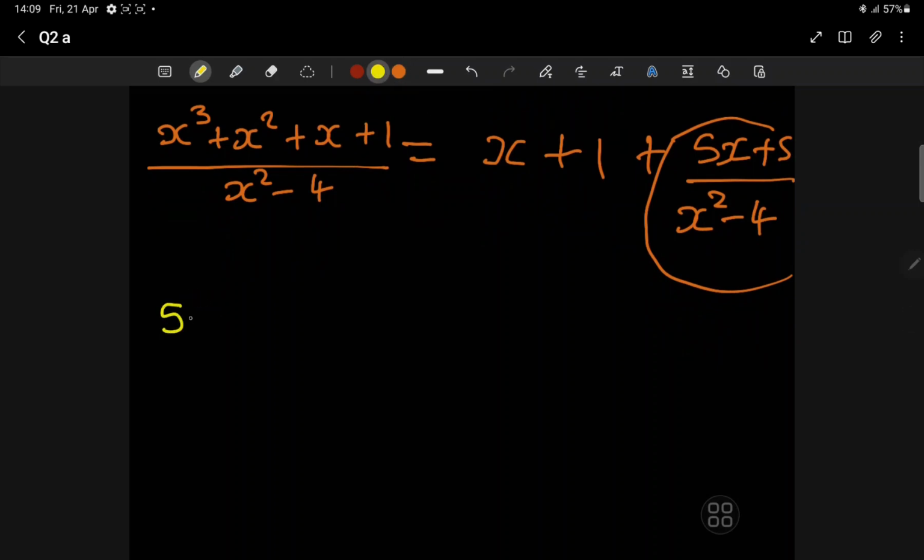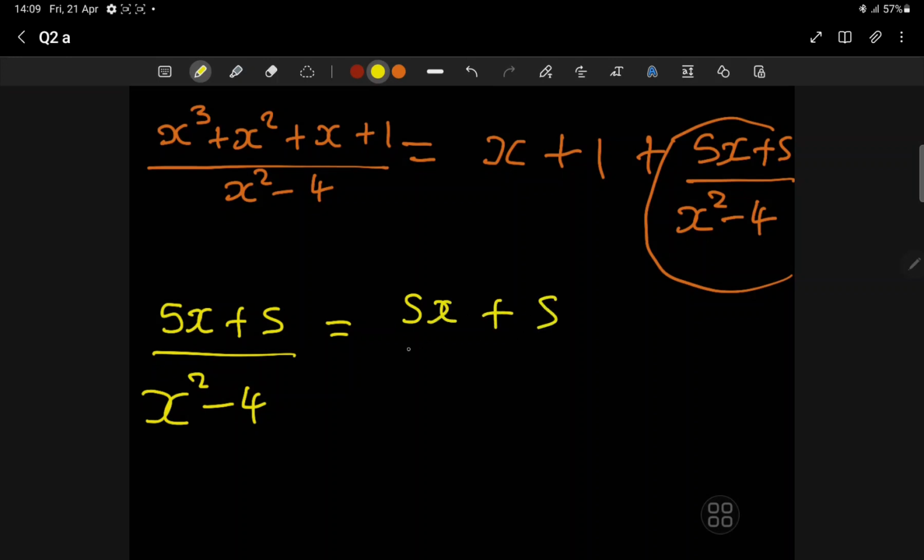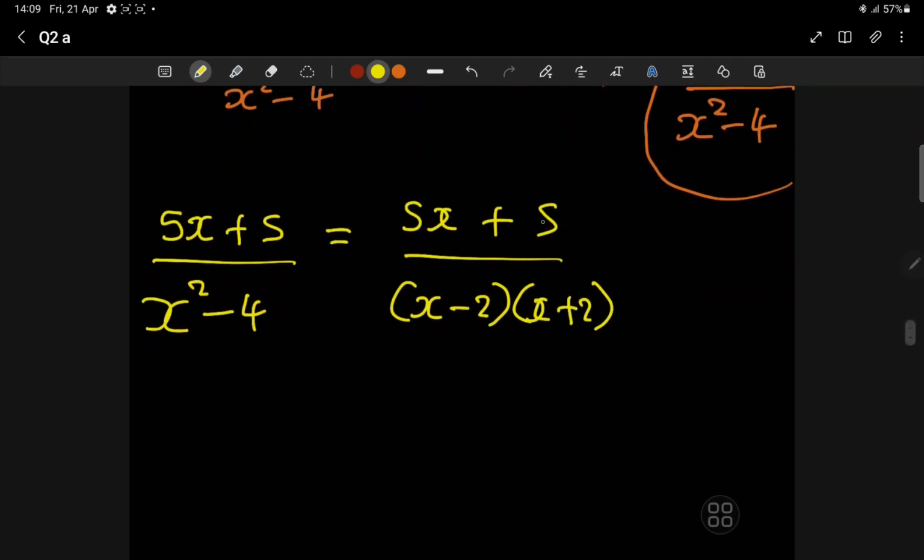So we have 5x plus 5 over x squared minus 4. The denominator can be worked out as a difference of 2 squares. So we'll have x minus 2 and x plus 2. So we reduced it. Now this part, we can now work on it.